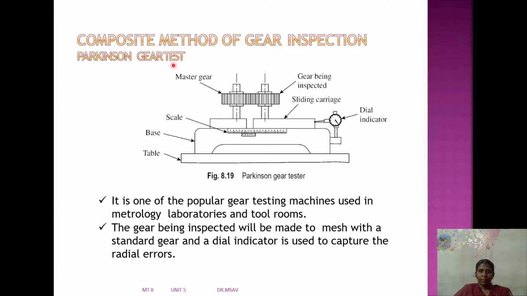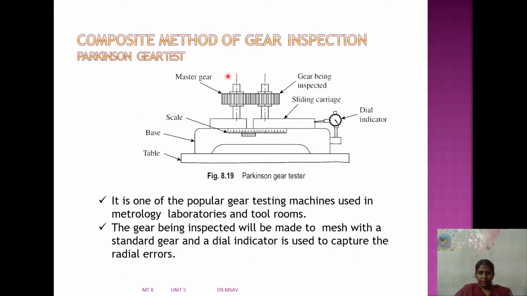Next one is the composite method of gear inspection, that is the Parkinson gear test. It is one of the popular gear testing machines used in metrology laboratories and tool rooms. The gear being inspected is made to mesh with the standard gear, the master gear. It meshes with the gear we have to inspect, and a dial indicator is used to capture the radial errors.